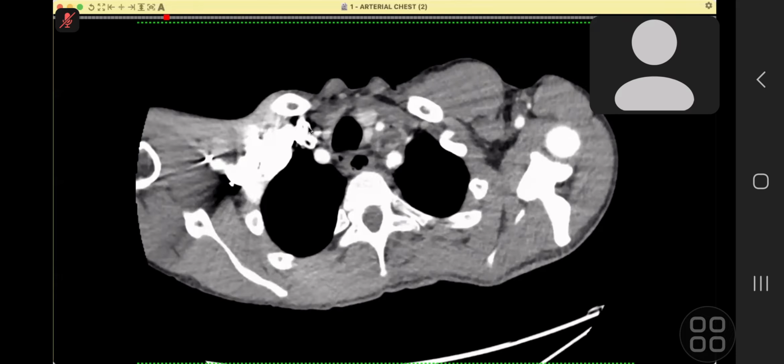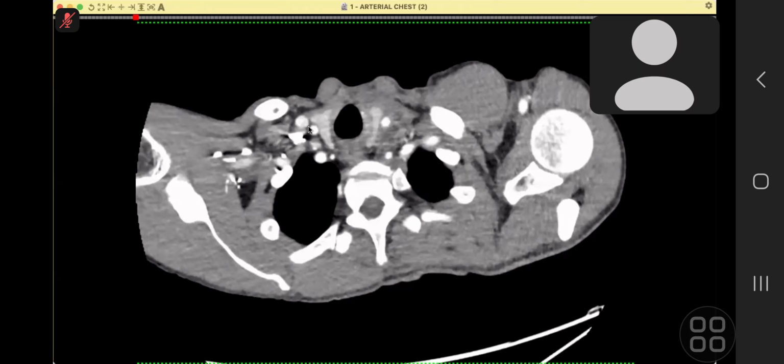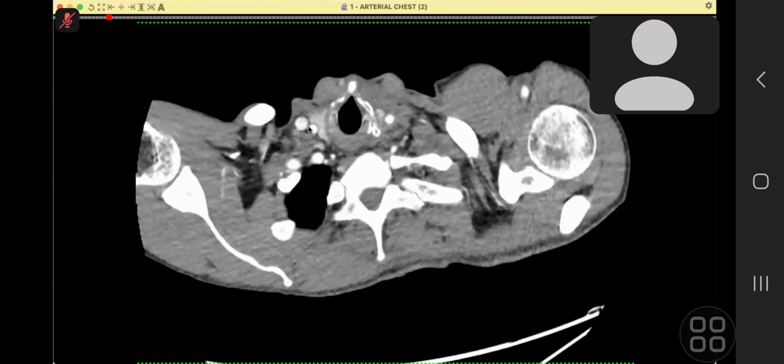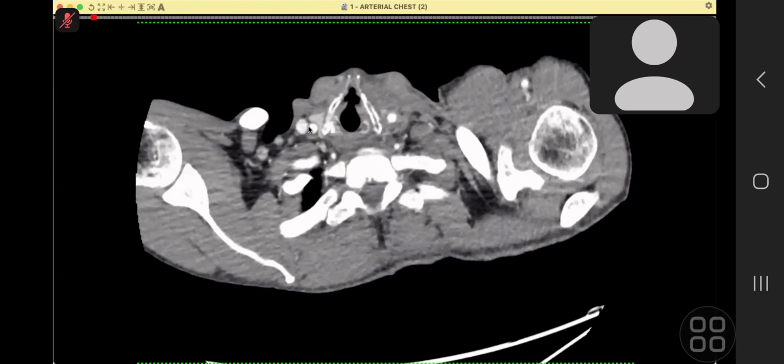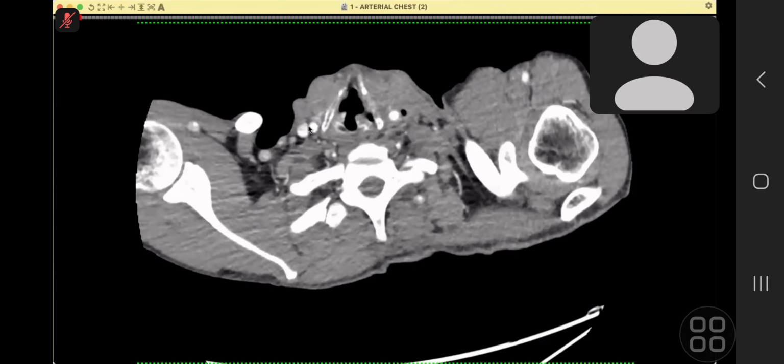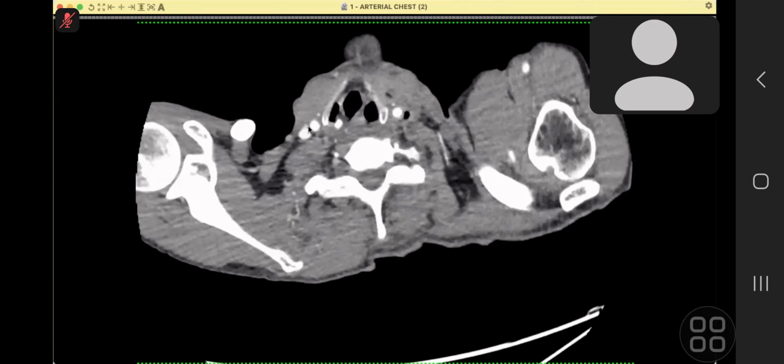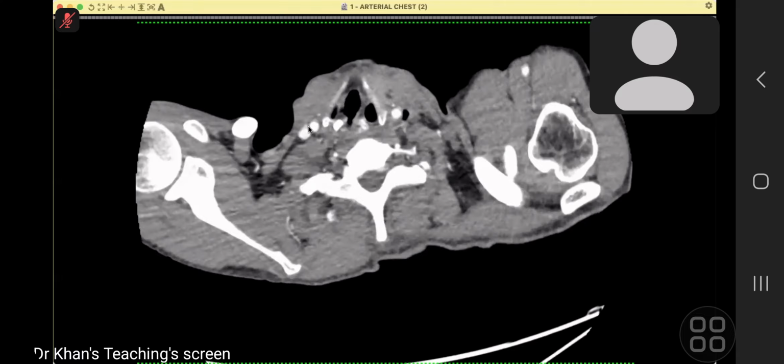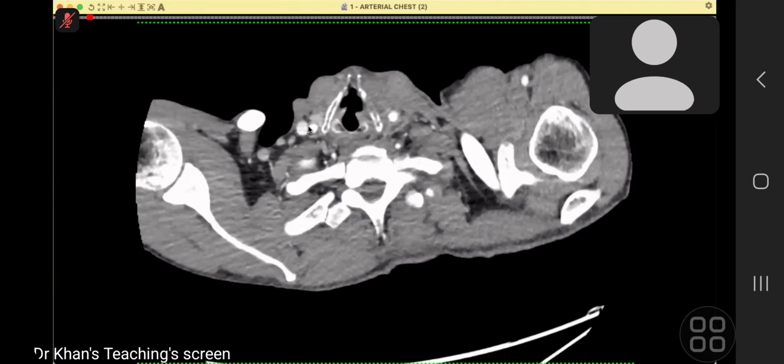In the upper sections, I can see that the branches of the aorta look patent to me. I cannot see any obvious cause here. So can you please scroll a bit down?